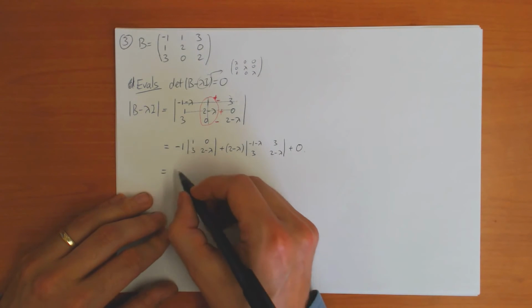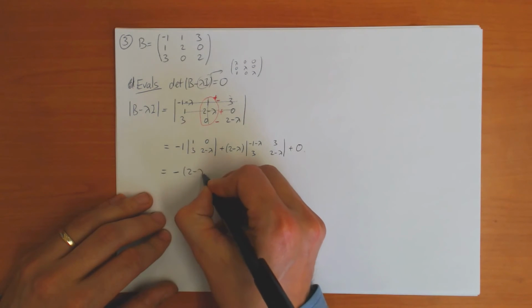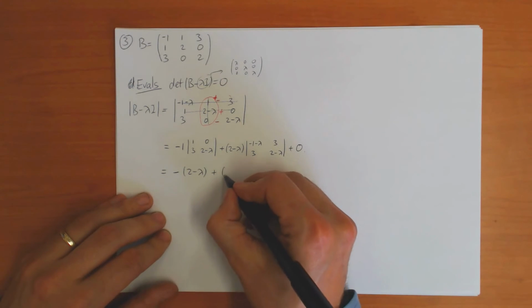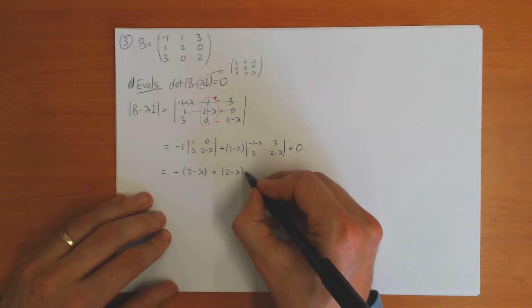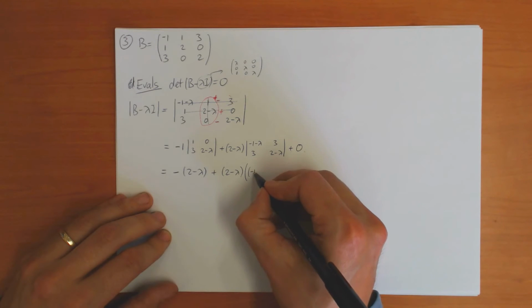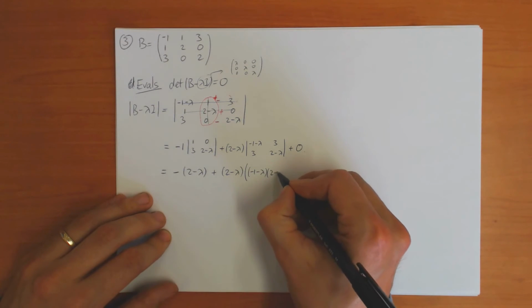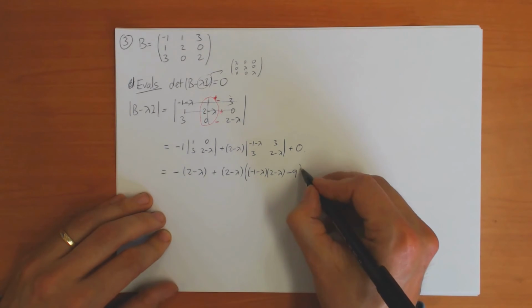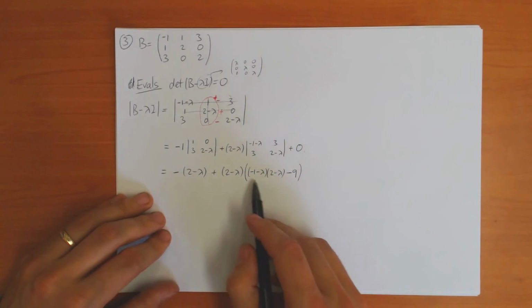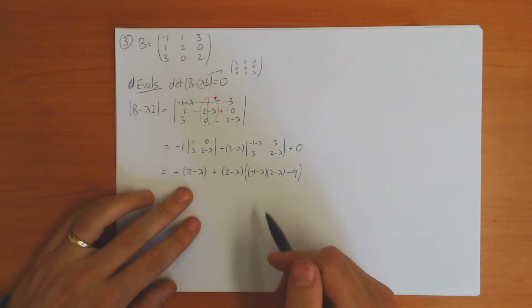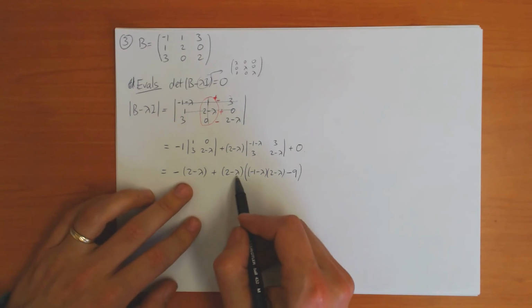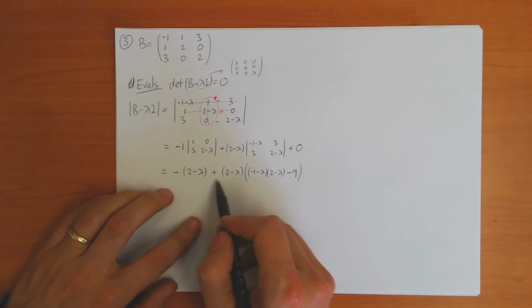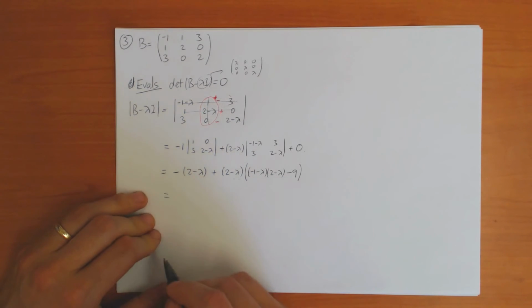So this gives me minus 2 minus lambda, plus 2 minus lambda times minus 1 minus lambda, 2 minus lambda, minus 9. Luckily, or well, not luckily, I chose it this way, you see that the factor here is the same, so you get one solution, lambda equals 2, for free. So I can factorize that.